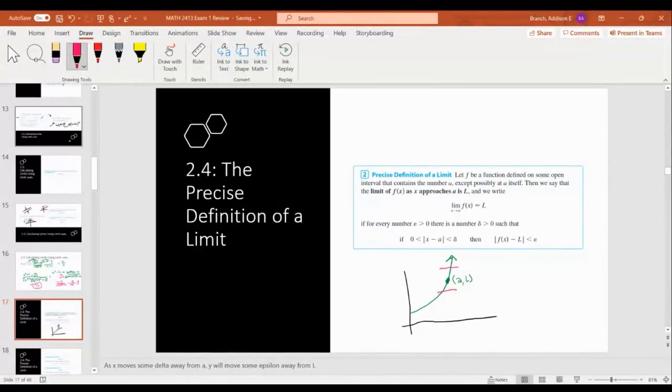And we can call that difference away from L our epsilon. So this can be L plus epsilon, L minus epsilon.